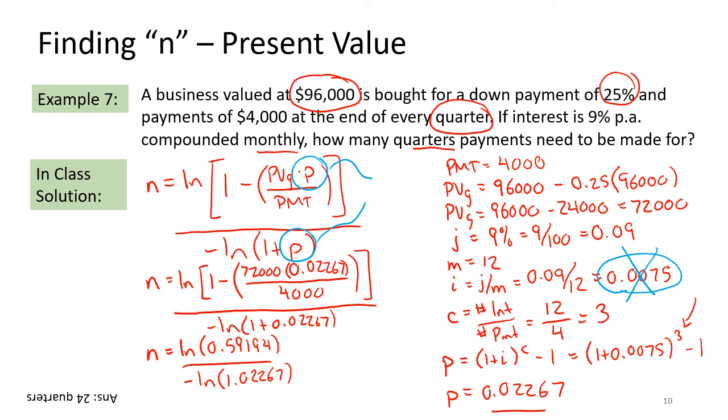Now, if you calculate those out to the next step, you should get the numerator of negative 0.52435 divided by negative 0.022417. If you solve for that in your calculator, you'll get a value of n of 23.4-ish, which means about 24 payments.